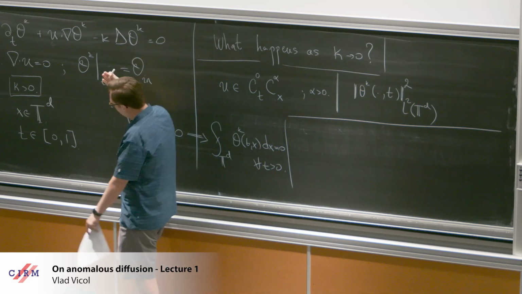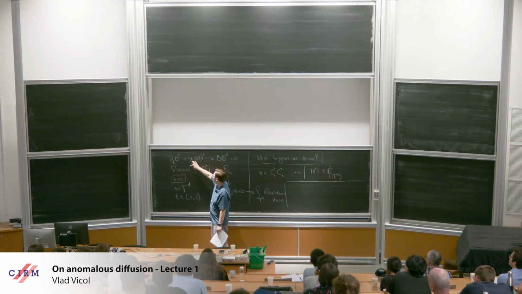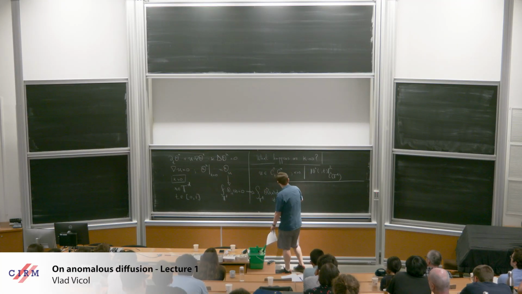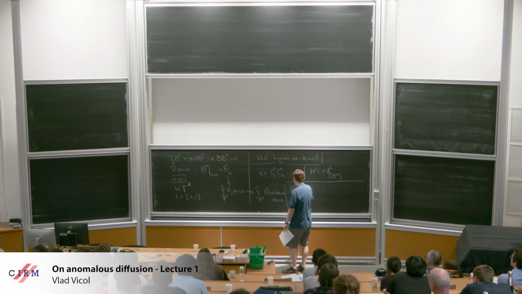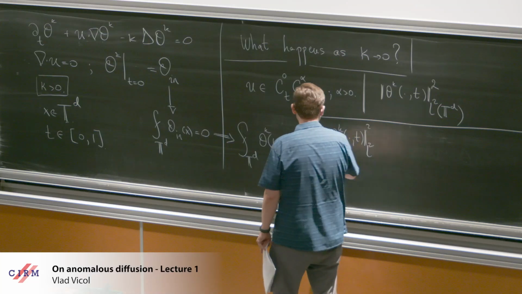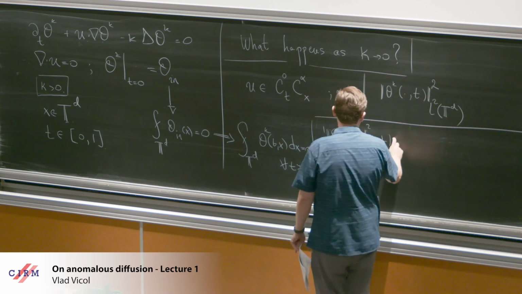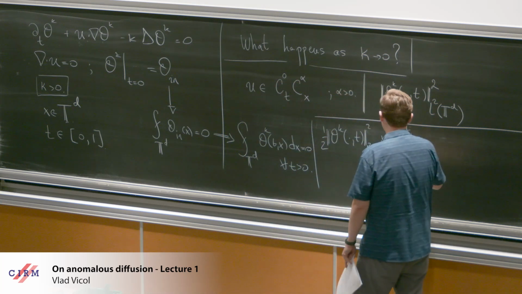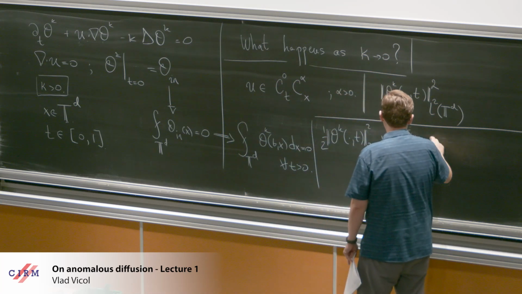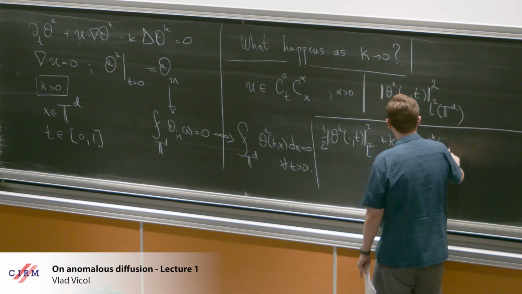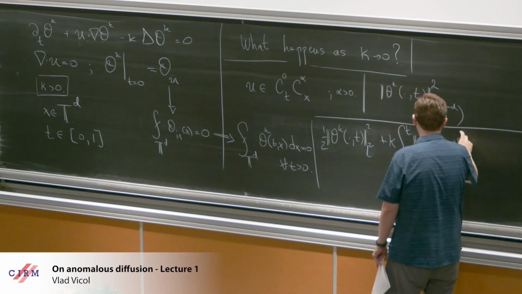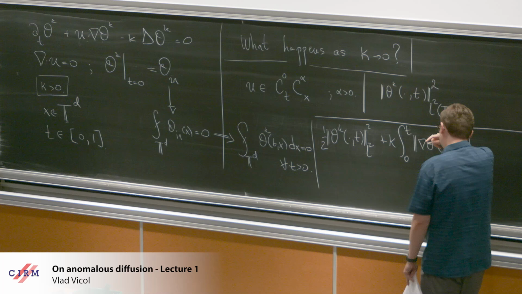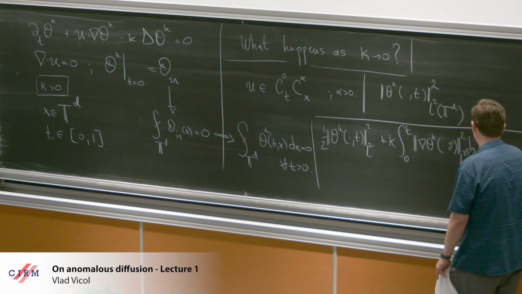Because you use divergence free, this term is going to die, and you just get that theta kappa at time t plus the dissipation of energy is equal to the initial data.